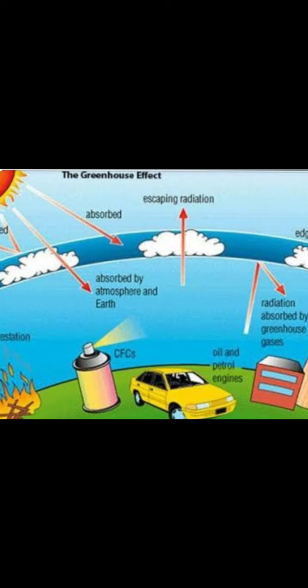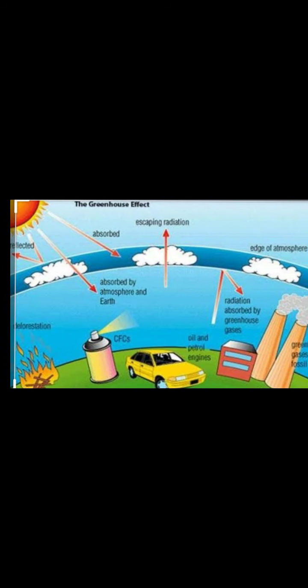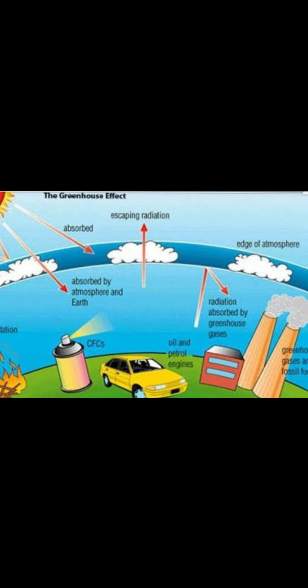So the greenhouse which we look at here, if it is less, it would be fine. But because of these things, the environment is disturbed. The smoke and pollution go into the atmosphere and cover the greenhouse.